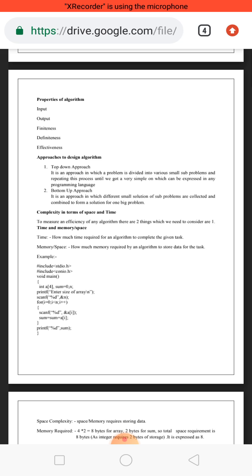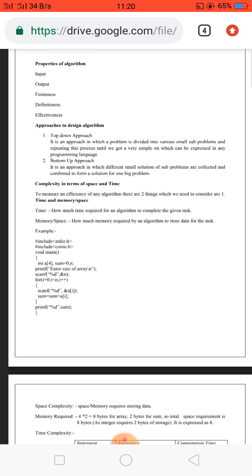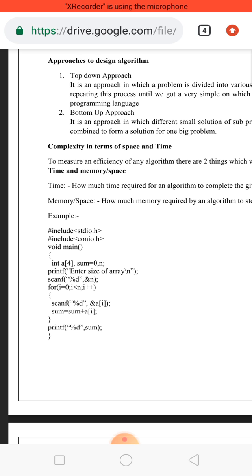For example, in this example there is an array of data type integer with size 4, a variable sum of type integer, and a variable n of type integer. We know that an integer has a size of 2 bytes, so the array requires 8 bytes, the sum variable requires 2 bytes, and the n variable requires 2 bytes.